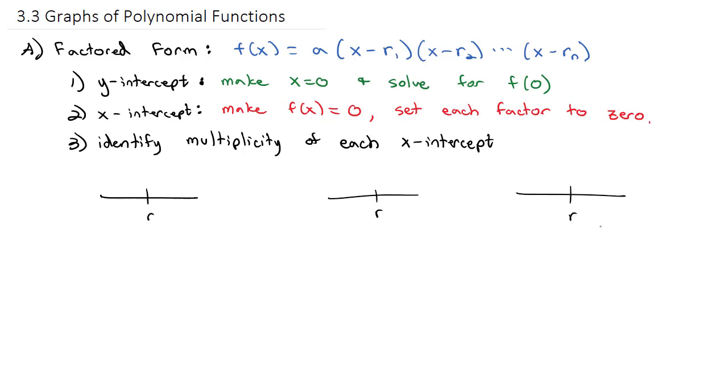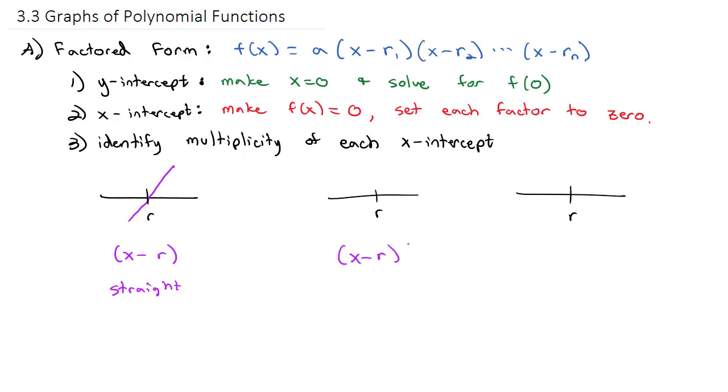At the 0, at the x-intercept. The first option is if the factor that built that x-intercept is just something like x minus r, we're going to see a straight line through that point. And it might go up or it might go down, but it's just going to go straight through that point.